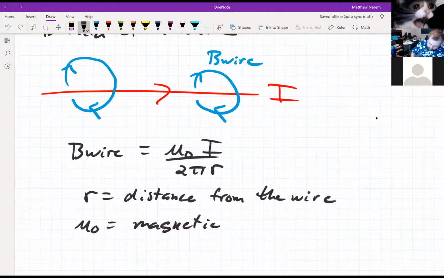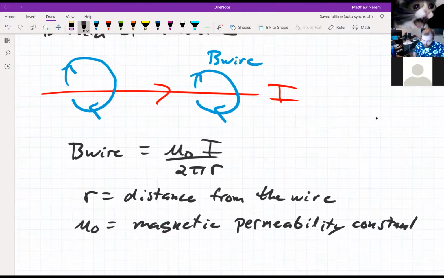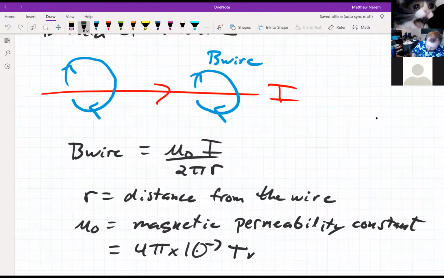Mu naught is the magnetic constant. Specific name is the magnetic permeability constant. It's got an easy definition. It is 4 pi times 10 to the minus 7th. This is Tesla meters per amp.